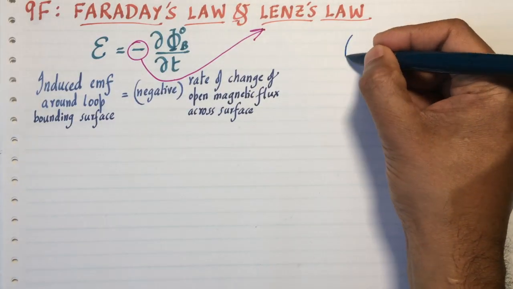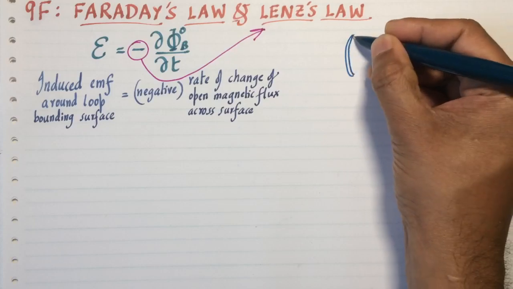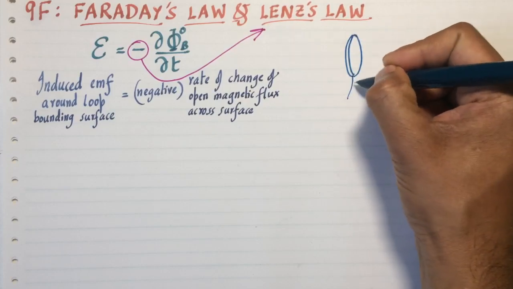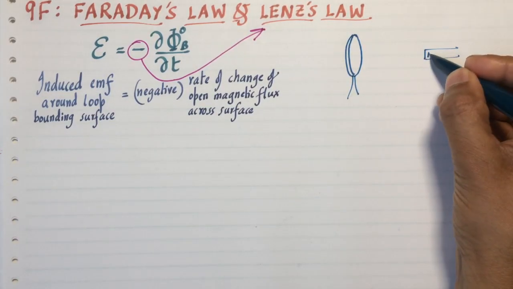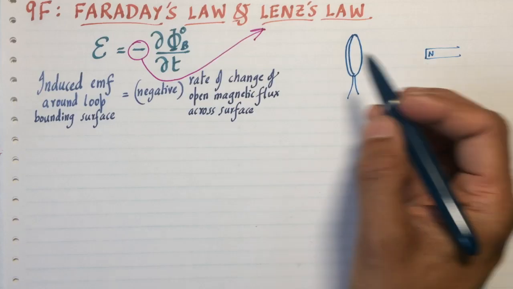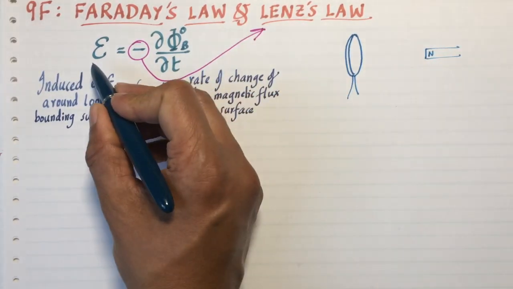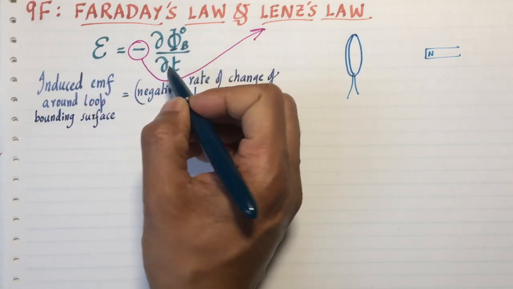So what Faraday's law says is that I'll draw this coil a little bit thick if it's coming toward me. So let's say you have a coil here, and you have a magnet with its north pole coming in. What Faraday's law is going to tell you is that the system is going to behave so that the induced EMF will be negative of the rate of change of flux.